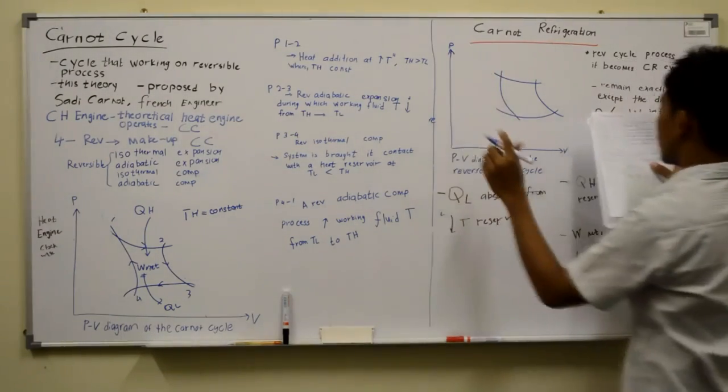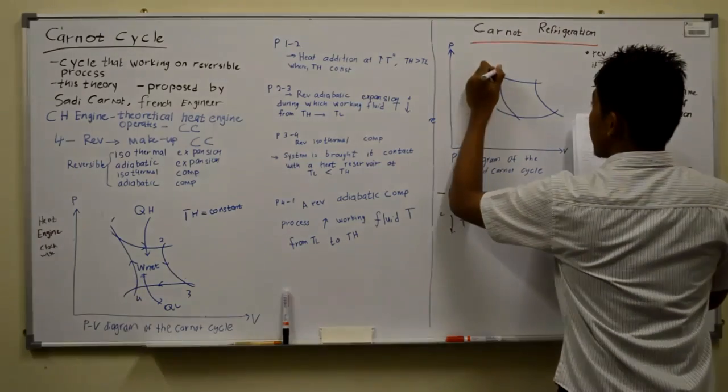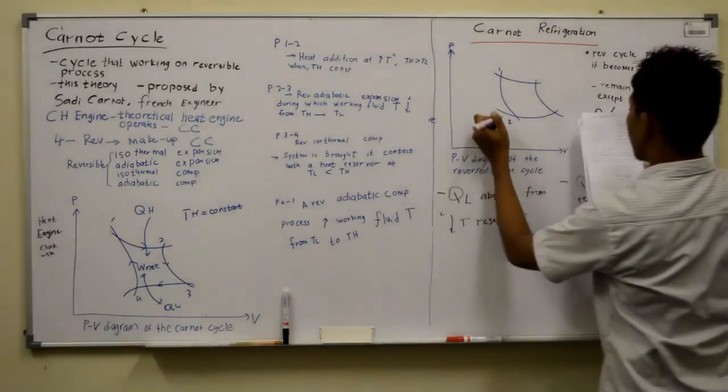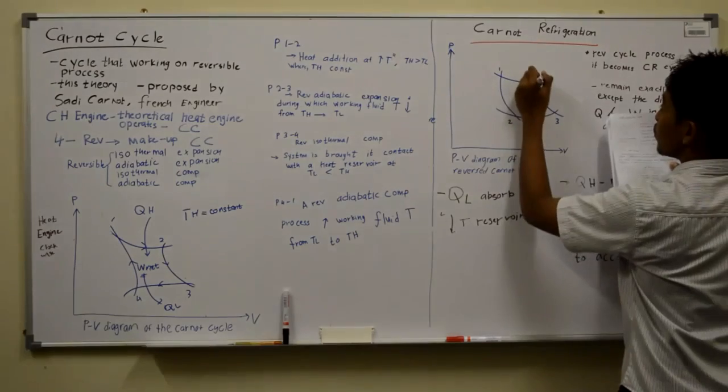Okay, we explain back. This is from 1 until 2. Then this is from 3 to 4.